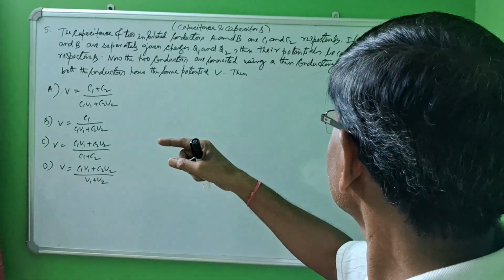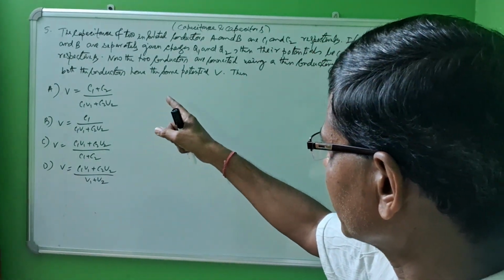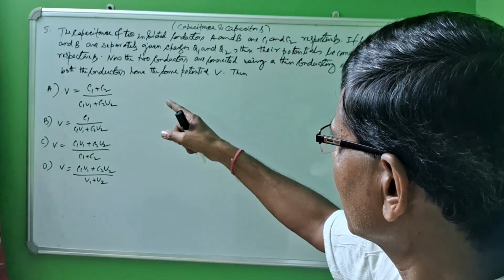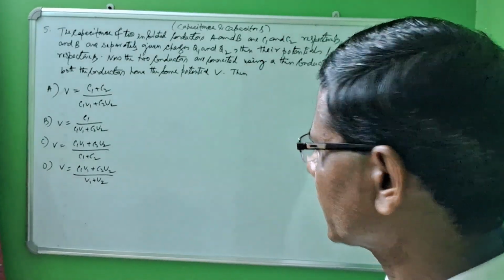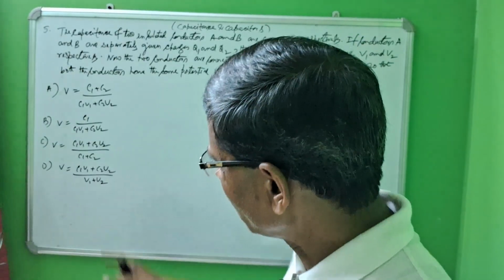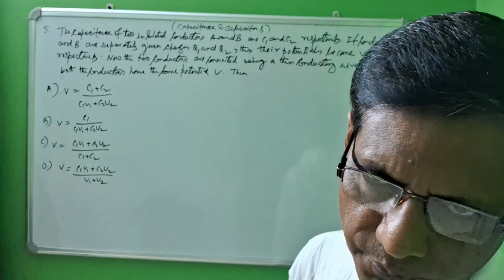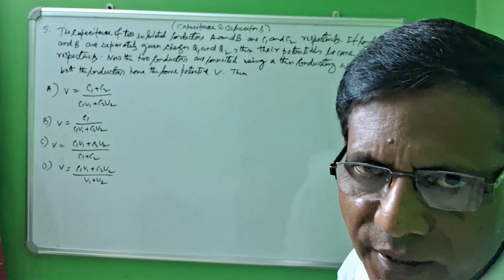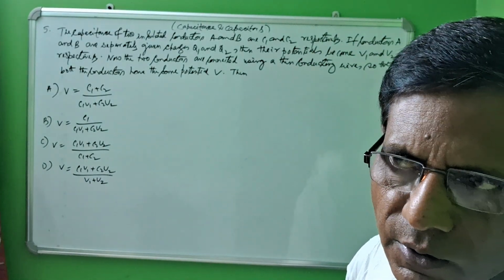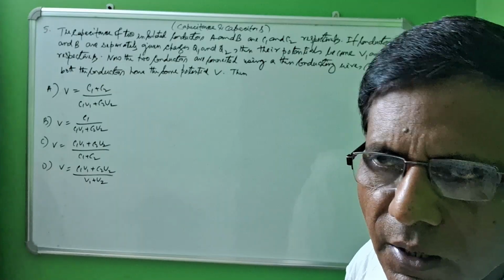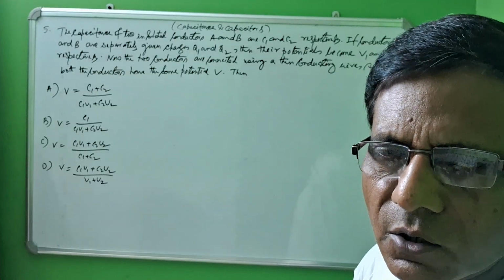So that both the capacitor conductors have the same potential V. We have to find the value of V. This is the problem based on the constancy of charge.